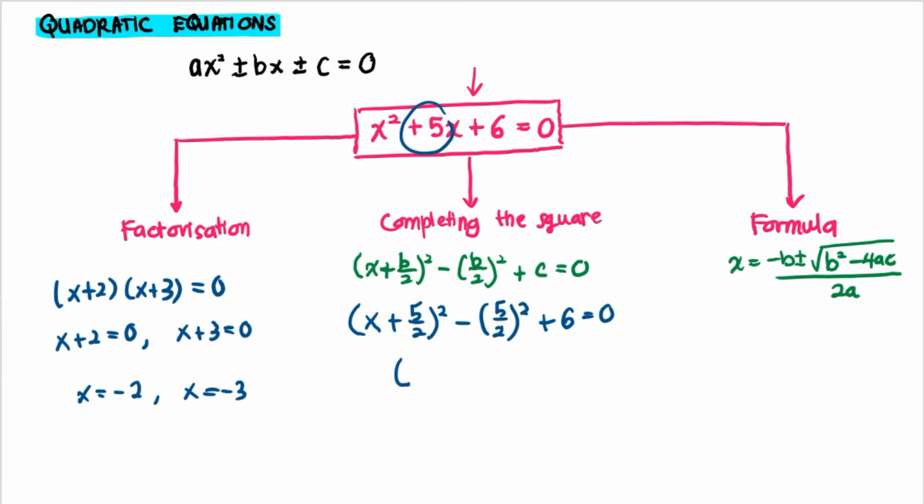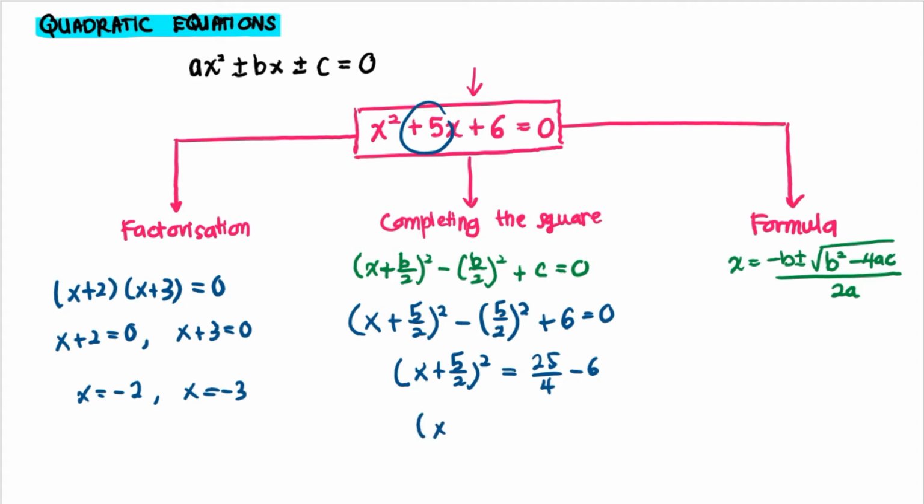Now I have x plus 5 over 2 squared. This one will become 25 over 4. I bring the 6 to the right side as minus 6. When we have 25 over 4 minus 6, we'll have 1 over 4.